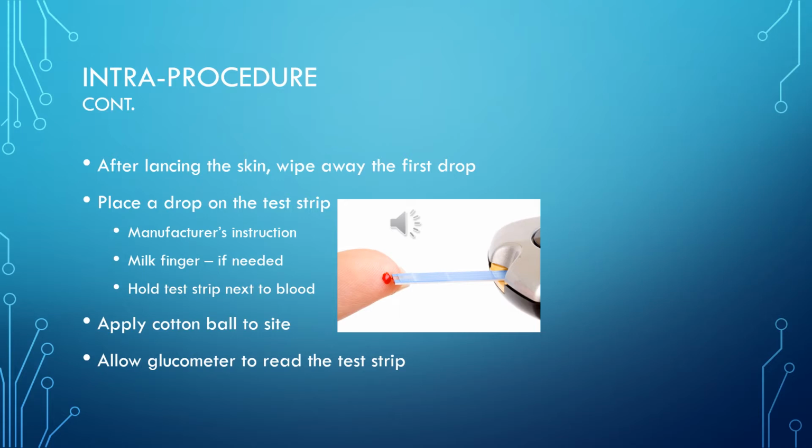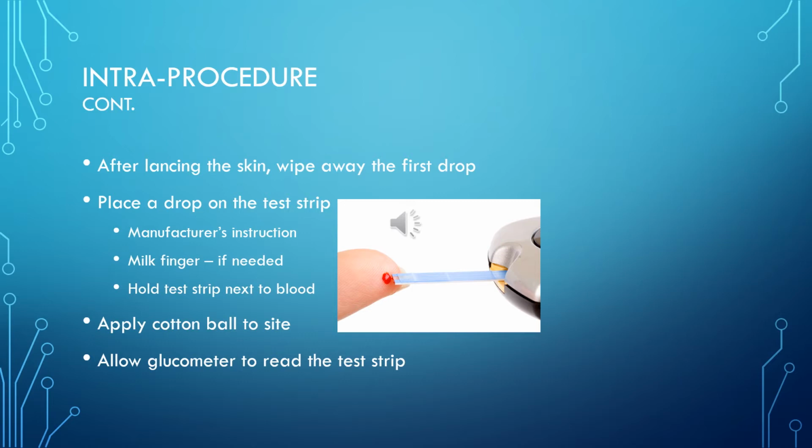And then hold the test strip next to the blood and allow the blood to go onto the test strip. You don't want to take the test strip and just smear it all over the drop of blood. Again, that could cause a false reading or an error in the glucometer if it's not done properly. So again, any questions, check the instructions or follow the training that you received at the facility in which you're working.